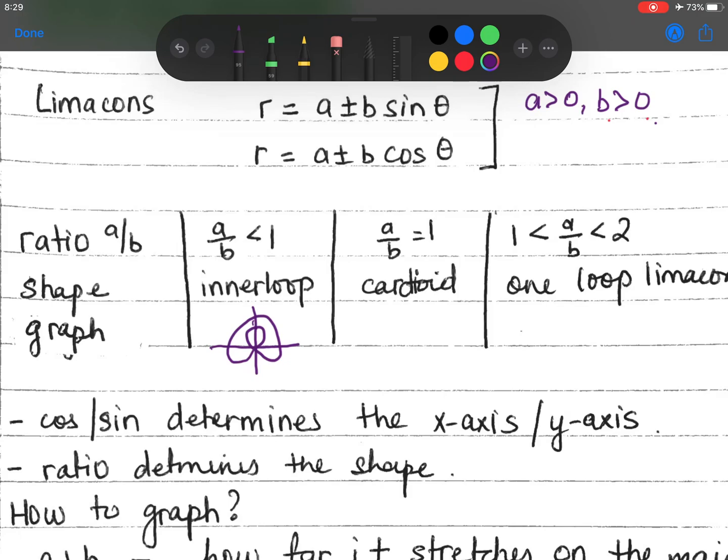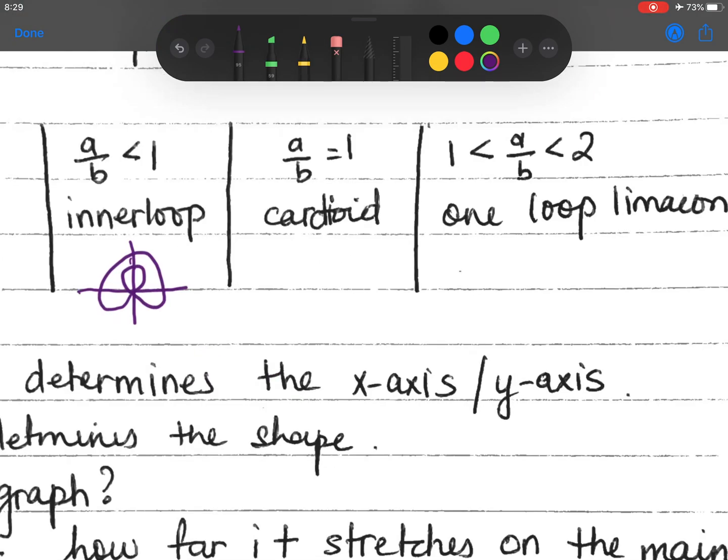And if A and B are equal, if you divide them and the ratio is equal to 1, it's a cardioid, and that looks like this. It's like a heart-shaped thing. I remember it from cardio. Cardio has to do with the heart, so that's how I remembered it.